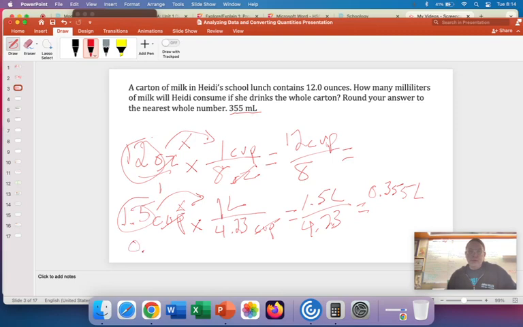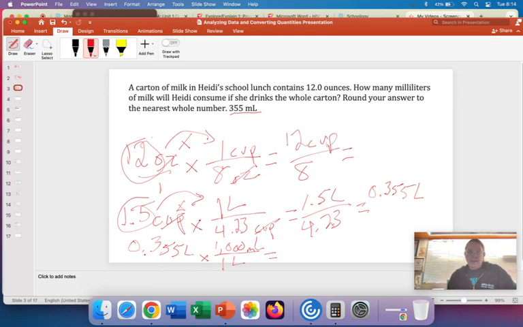So 0.355 liters times 1,000 milliliters per liter.